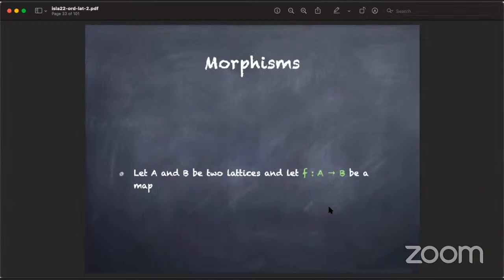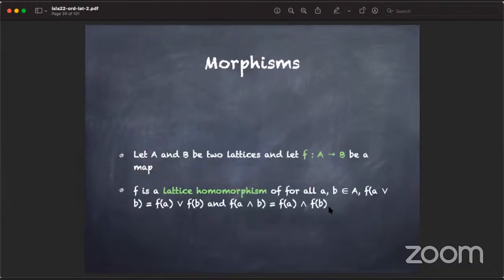Now, the next notion is, as usual, the notion of morphism. Let us consider f to be a map from A to B, where A and B are 2 lattices. Now, f is said to be a lattice homomorphism if this condition is satisfied: f of a join b is equal to f(a) join f(b), and f of a meet b is equal to f(a) meet f(b).